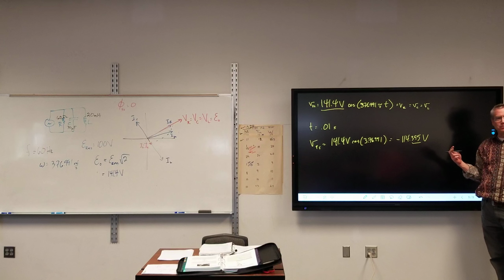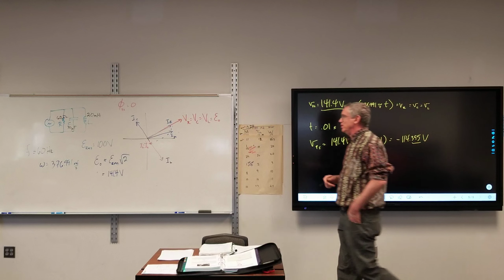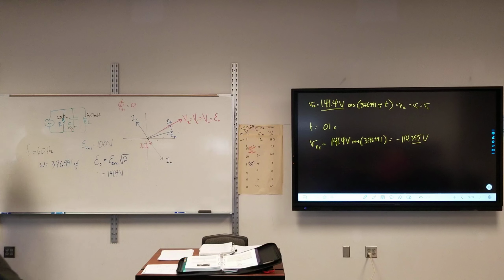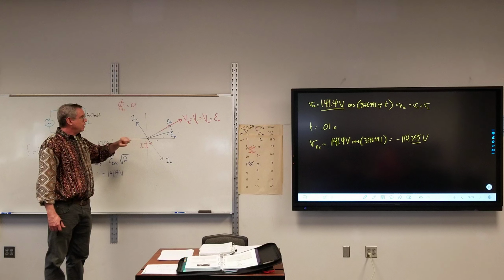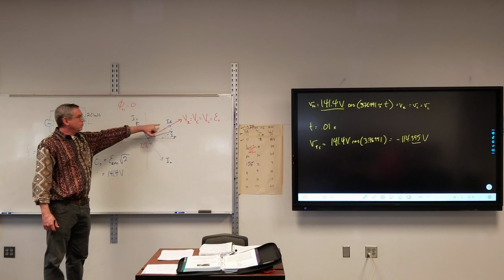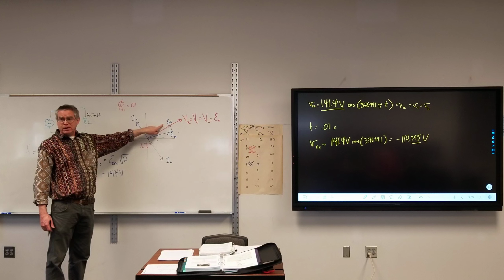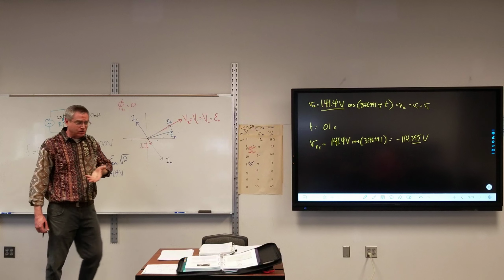Other questions before we start finding currents? All right. So let's find some currents. I have 4 different current phasors. That means I'm going to have 4 different equations. First off, I know the current for the resistor is in phase with the voltage for the resistor, so they will have the same phase angle.